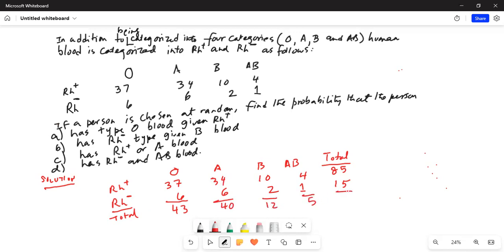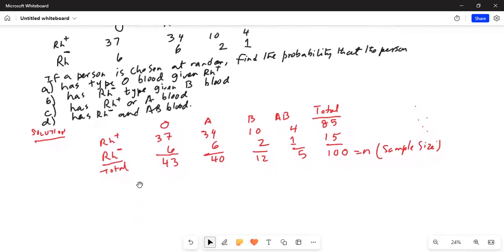If I add 43 plus 40 plus 12 plus 5, the answer is 100. Also 85 plus 15 is also 100. This is your N, the sample size.